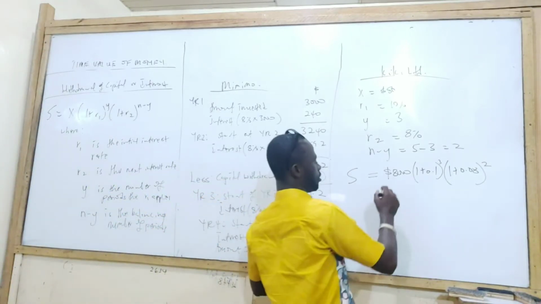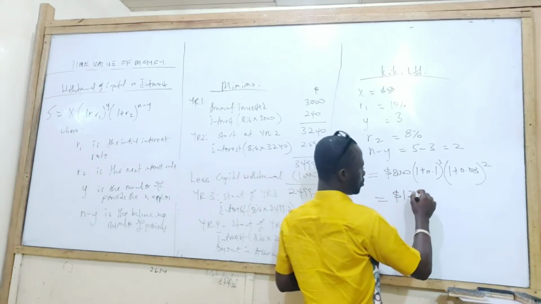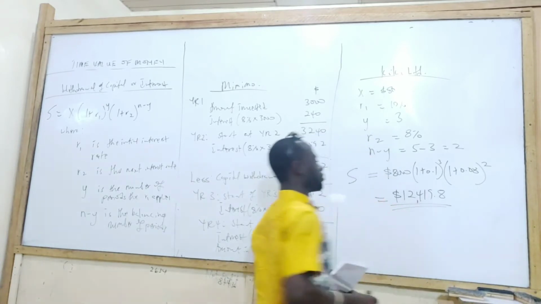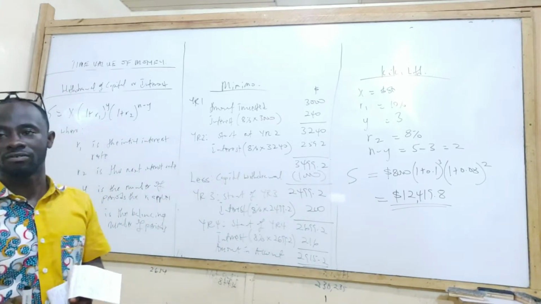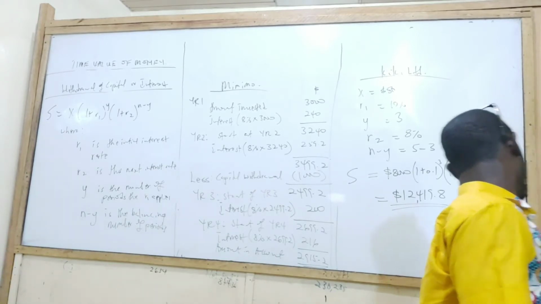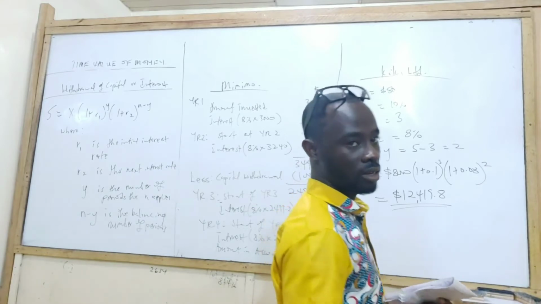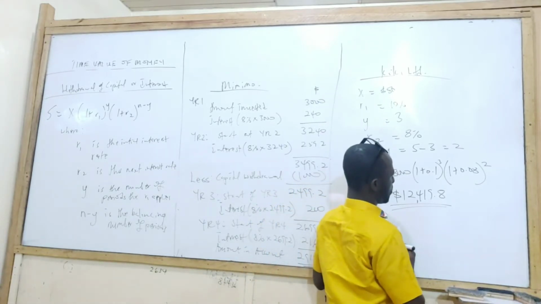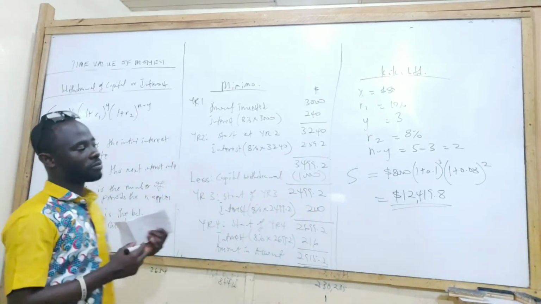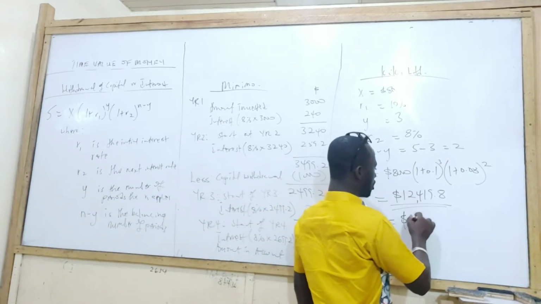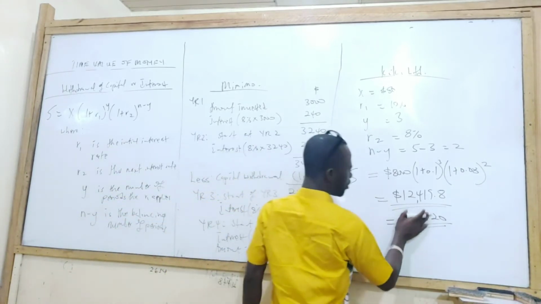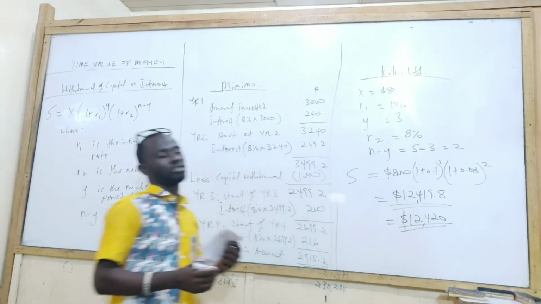That is how much Kiki Limited will have, approximately 12,420 in the account.